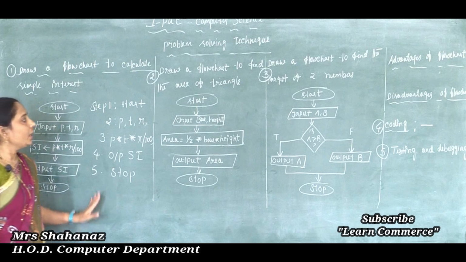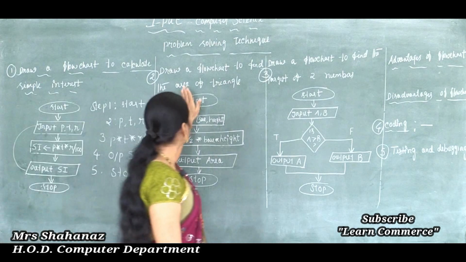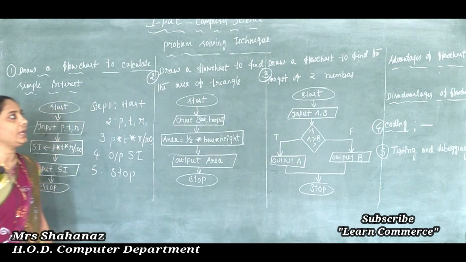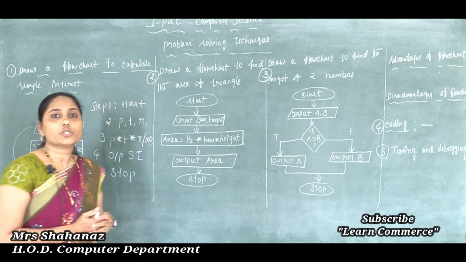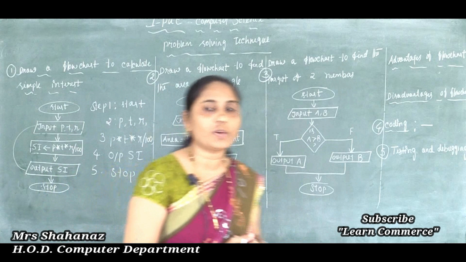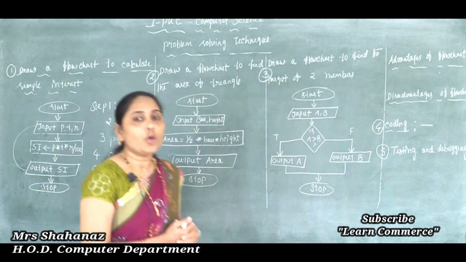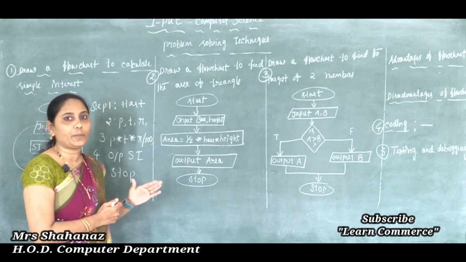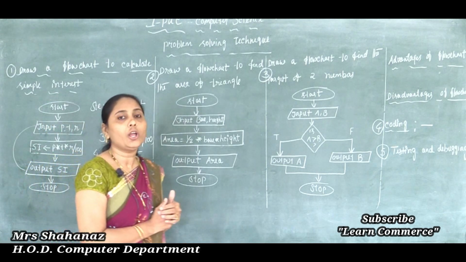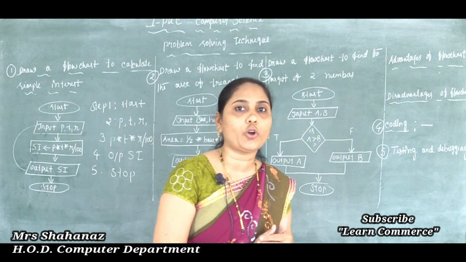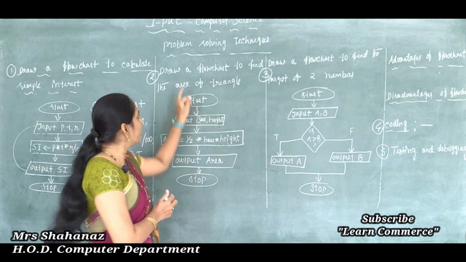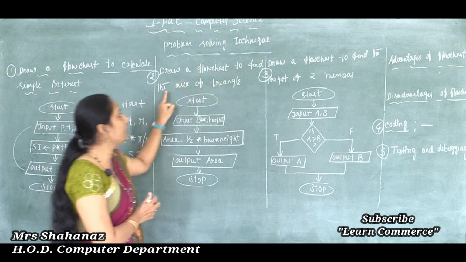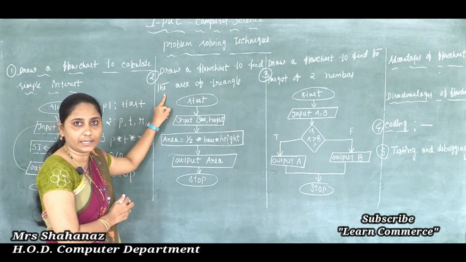Now the second question: draw a flowchart to find the area of a triangle. First of all we should understand the question, and only then can we get the solution or the output of the program. So the question is: draw a flowchart to find the area of a triangle. Clear this point here?